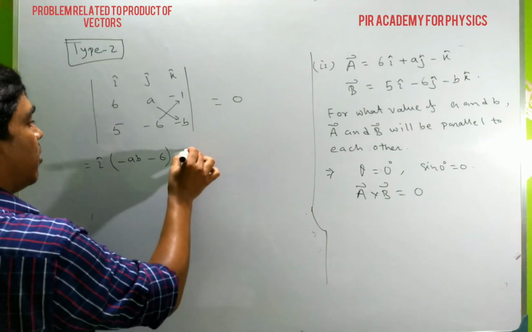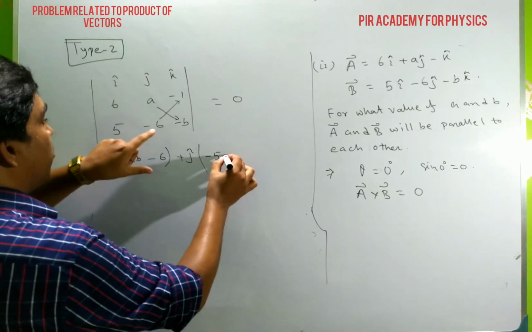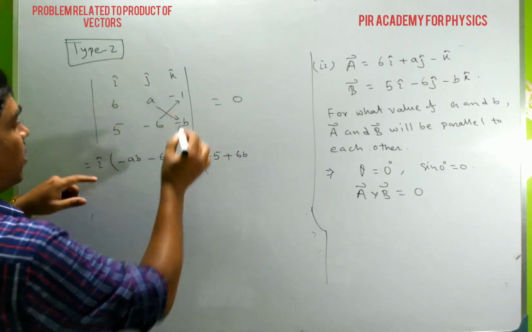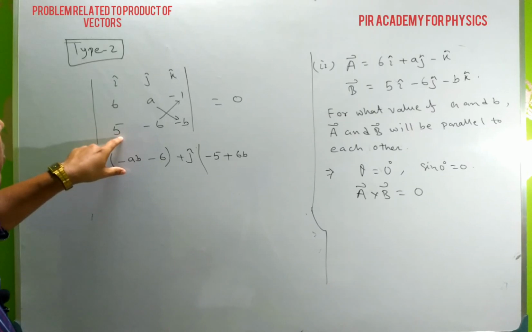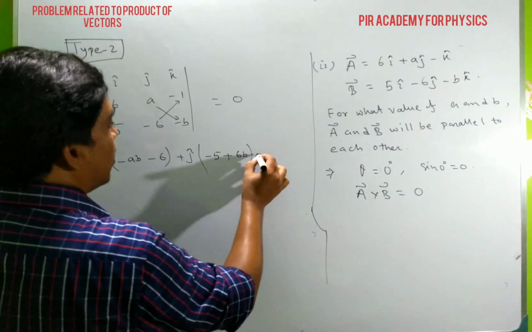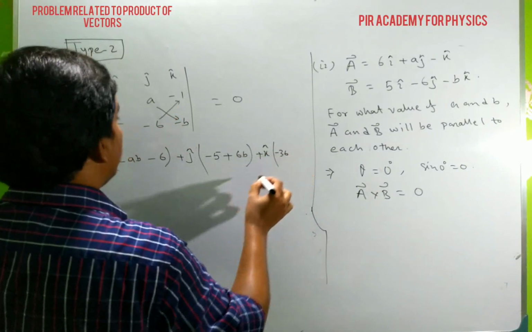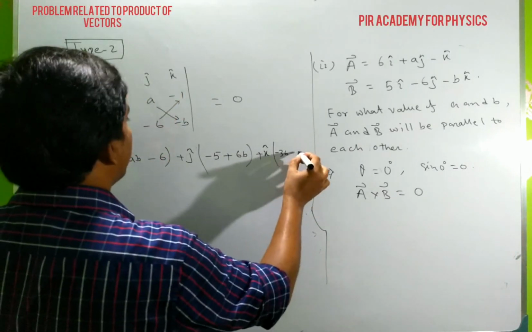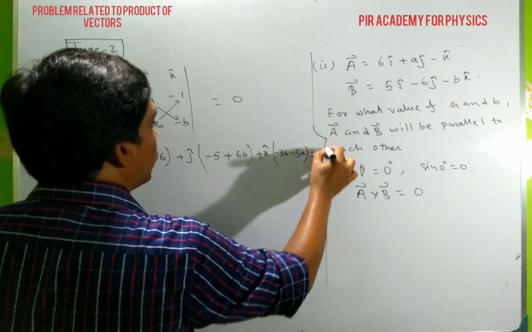Here j cap, here minus 5 plus 6b, here minus j cap, and that means 5 minus 5 plus 6b, here k cap, minus 36 into minus 5a equals to 0.